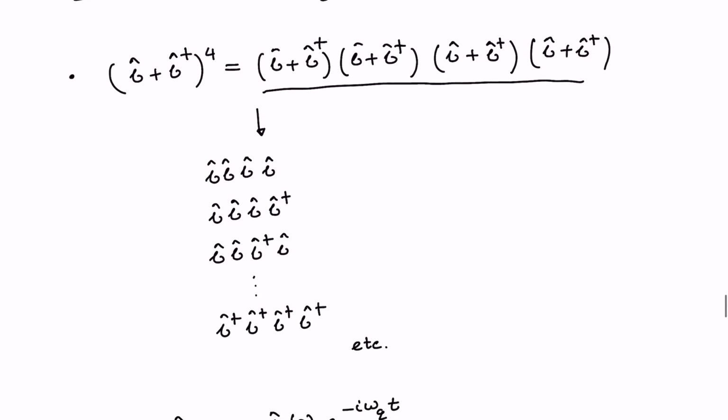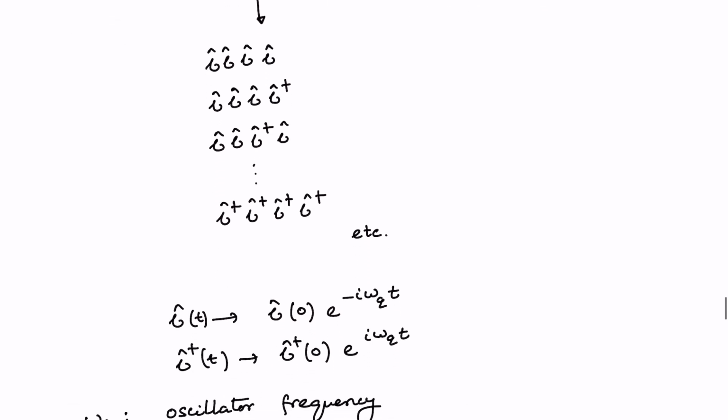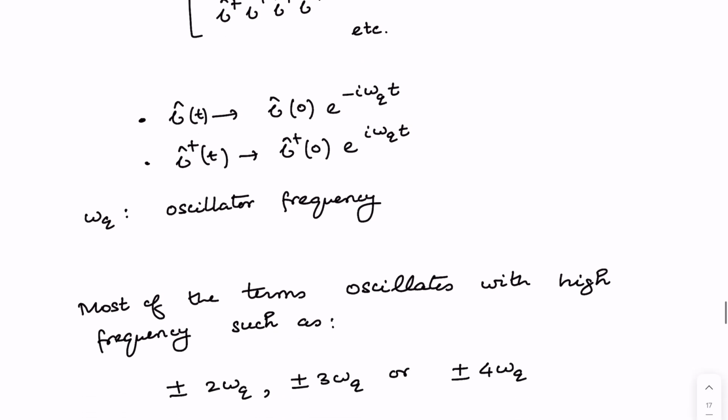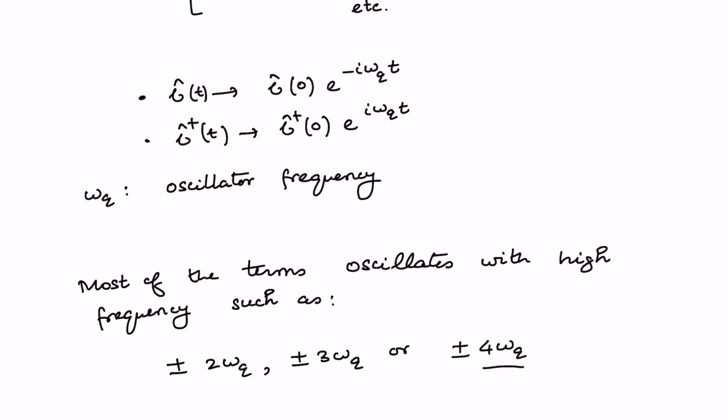Because the annihilation operator evolves in time according to this expression, where omega q is the oscillator frequency, as we have learned earlier, if we put it in these various terms, we will see that some of the terms are oscillating at frequency 4 omega q, some at 3 omega q, some at twice omega q. That means many terms in the expansion are going to oscillate at very high frequency. Therefore we can discard these highly oscillating terms, and that is what is called invoking the rotating wave approximation.